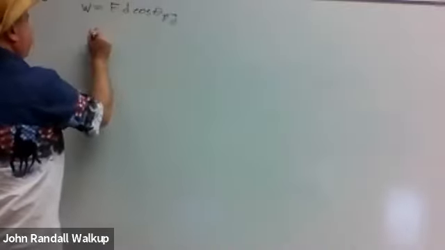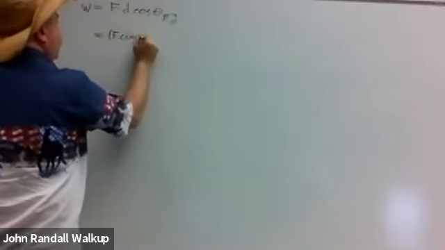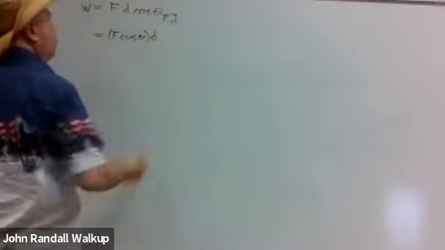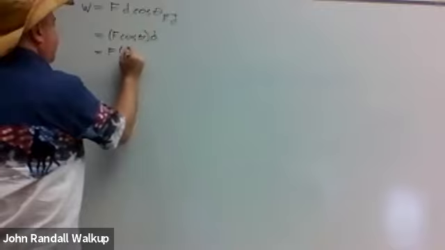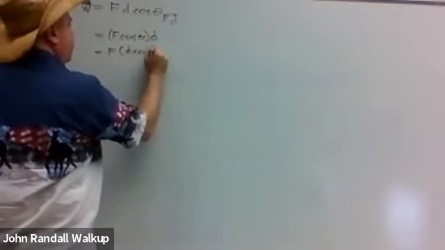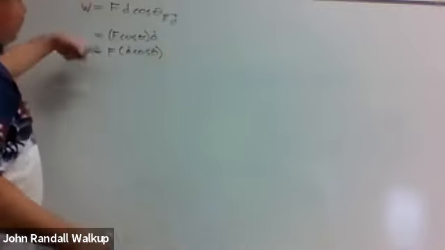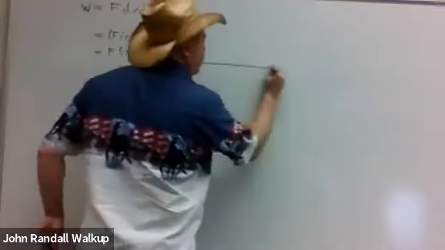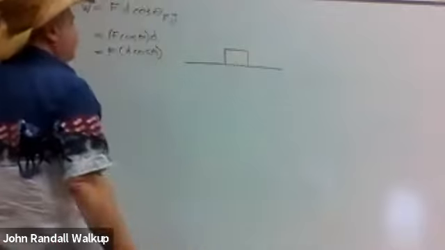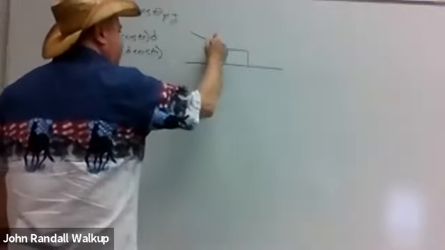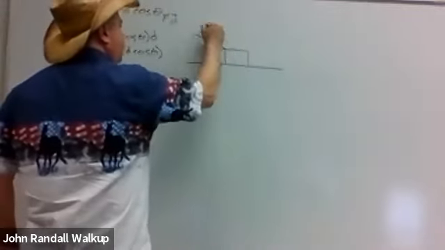I want to rewrite this a little bit. We could express this as F cosine of theta times D, or we could write it as F times D cosine theta. What does this represent? Well, if you draw the body here, and you have your force applied to it.